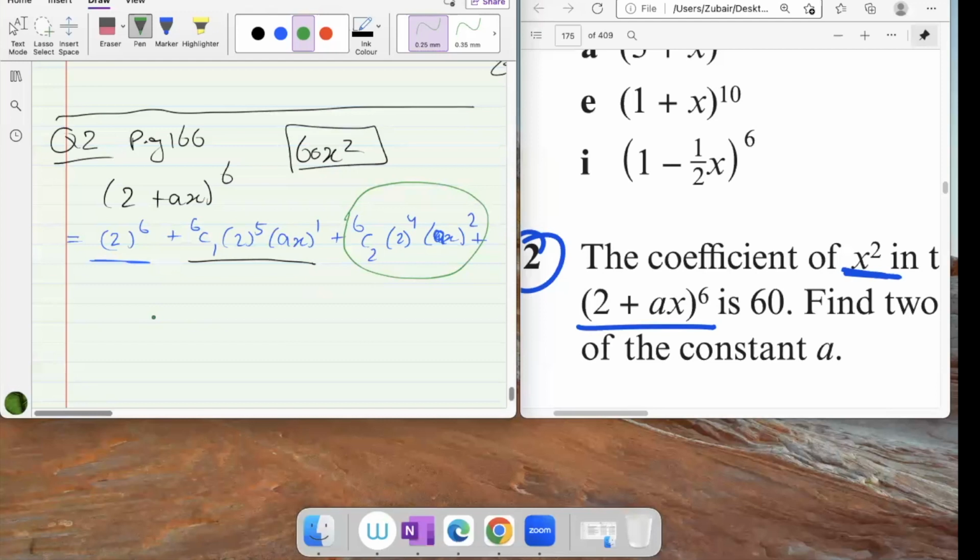Okay, 6C2 is 15. So this is 15 times 16 times a square x square. So 15 times 16 is 240. This is 240 a square x square.